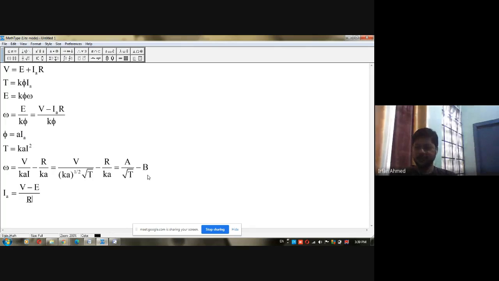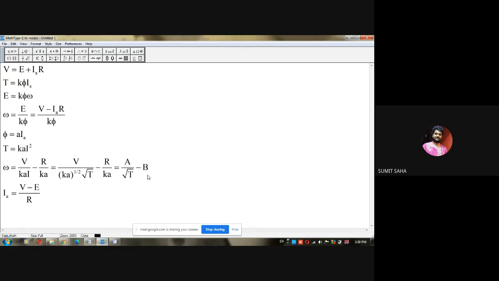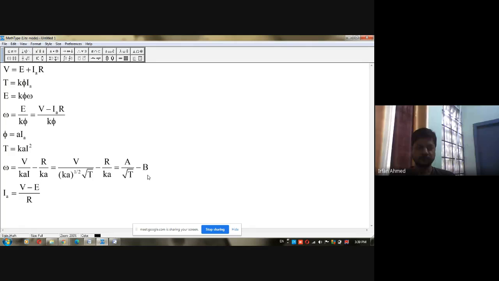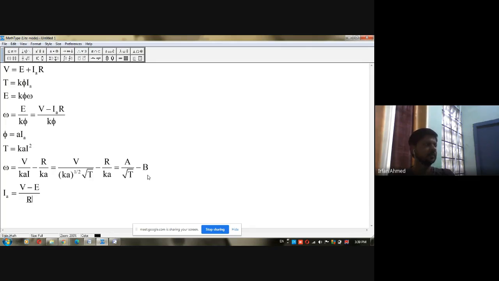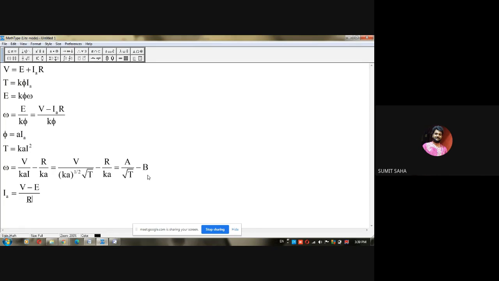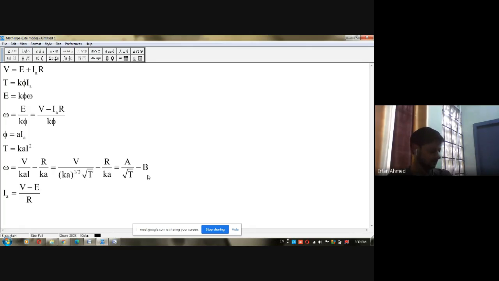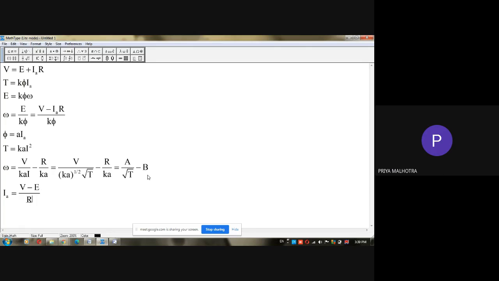So is that possible in case of a series motor? By decreasing the load, will E become greater than V? Anyone? Vikram? Badal?